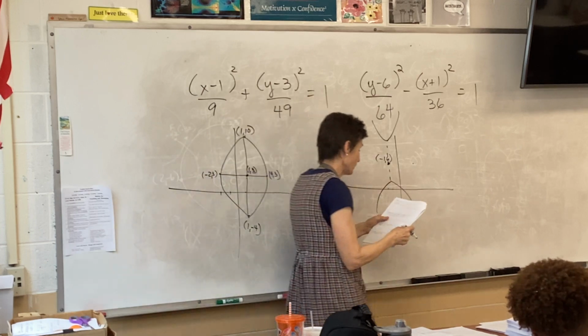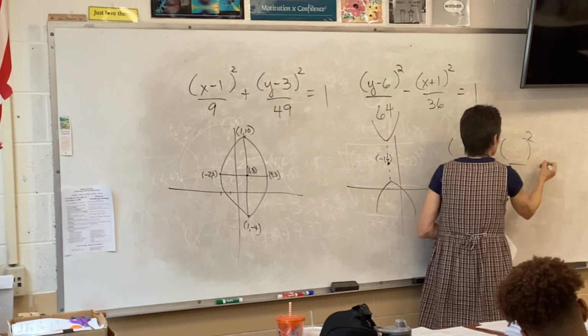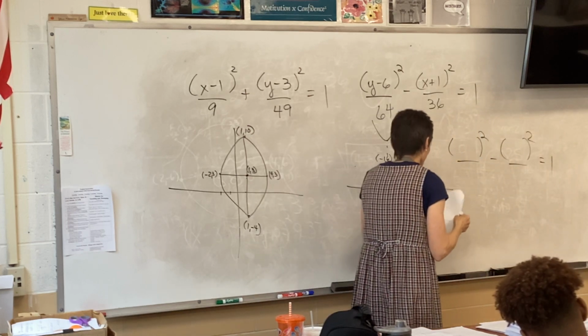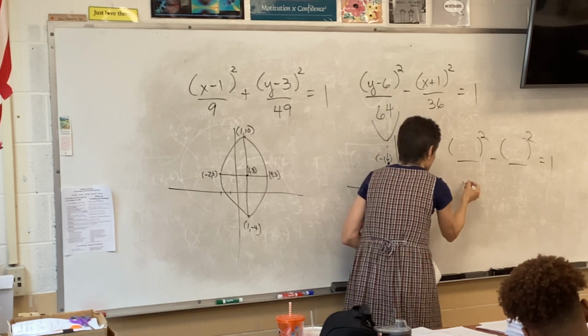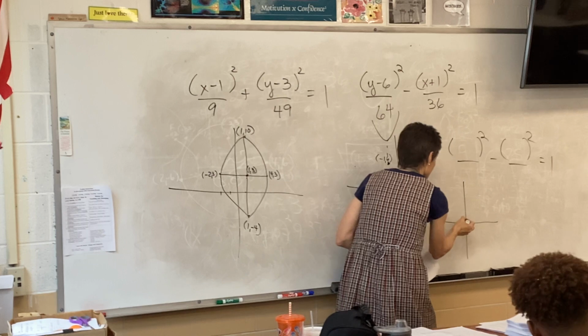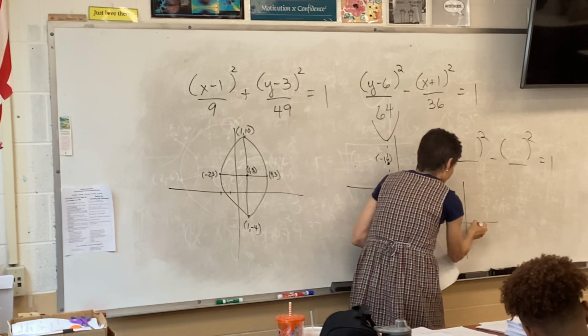Okay, one more hyperbola. Something squared minus something squared equals 1. Here we go. What do I know? Oh, I have all the endpoints of the axes. So the transverse axis is -1, -1, and 3, -1.